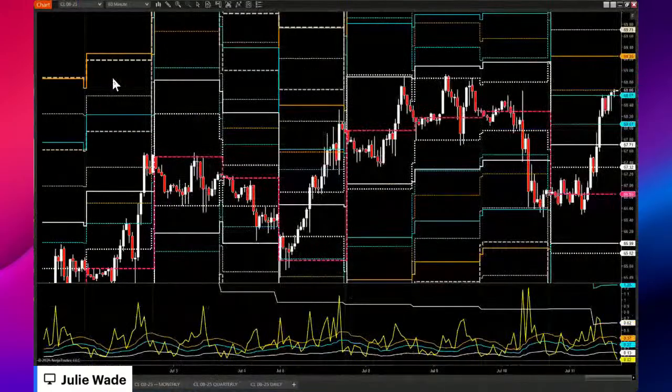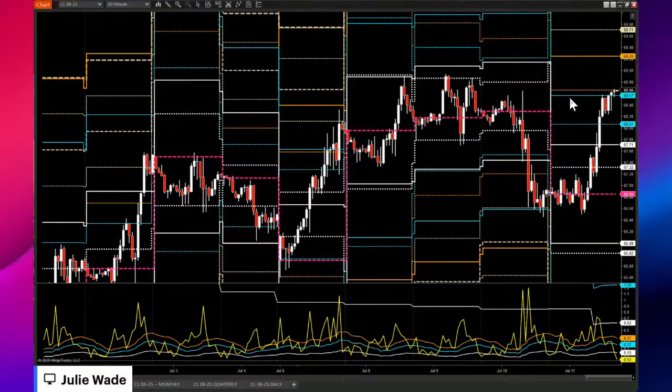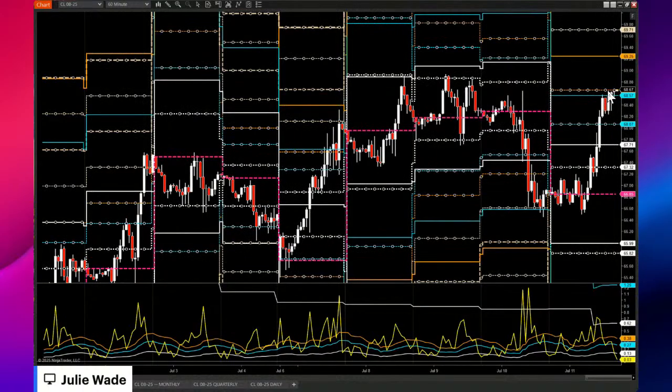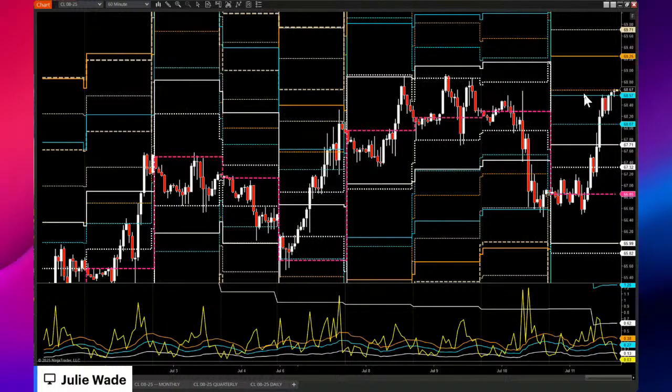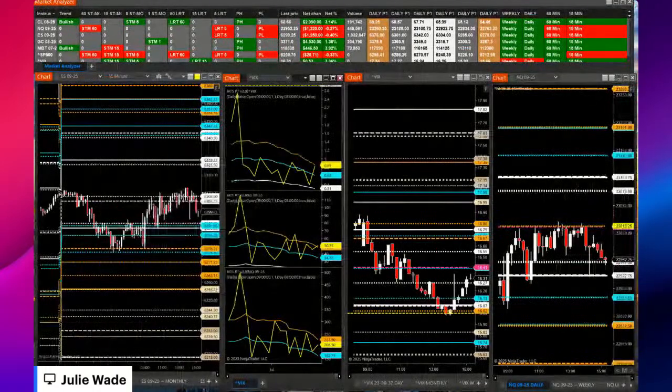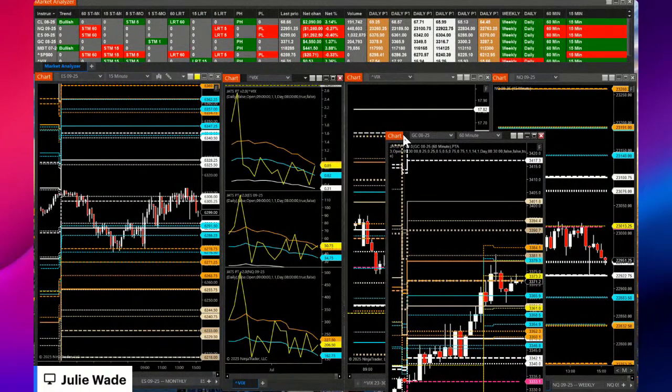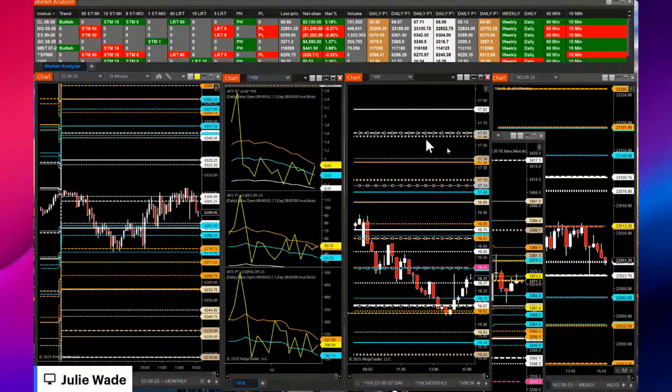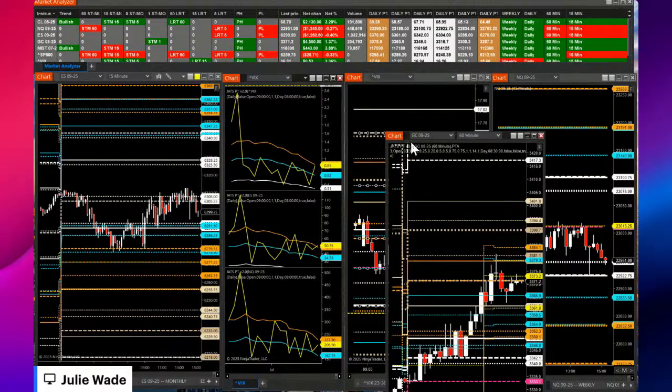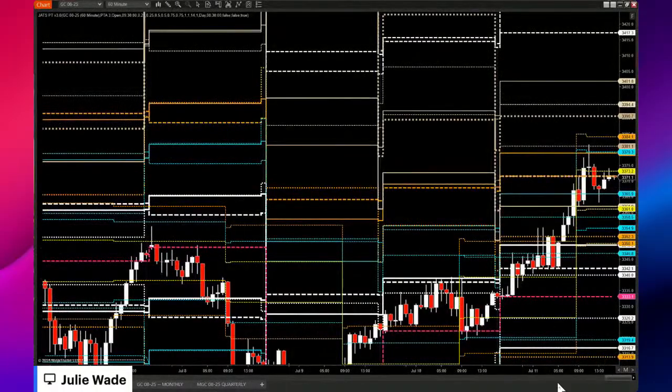Crude rallied all the way up to the R-ball 3, went to the daily 2, and then pulled back at the level, and then finally broke it and went to the R-ball 3. And held. That's a good day for crude. And gold went to my target and pulled back and gave us a shitty afternoon.